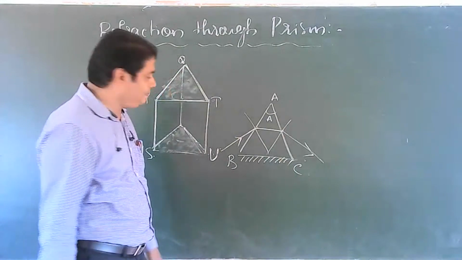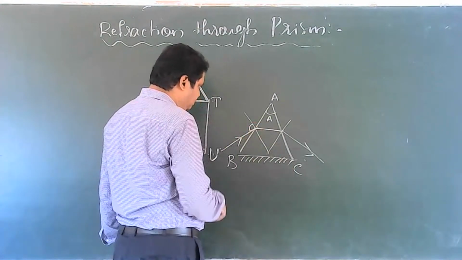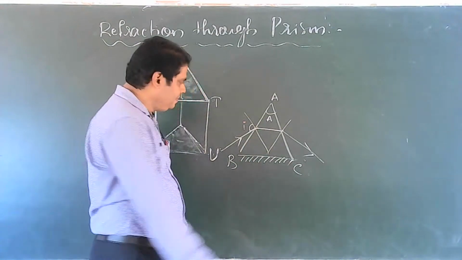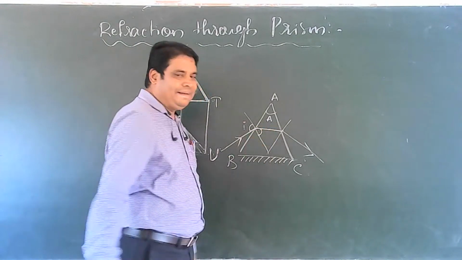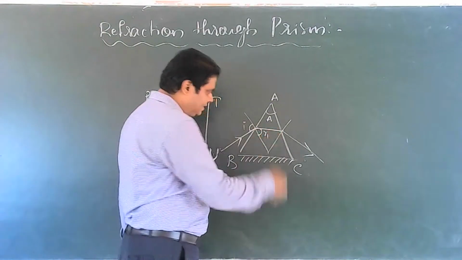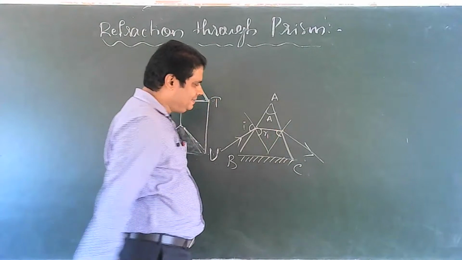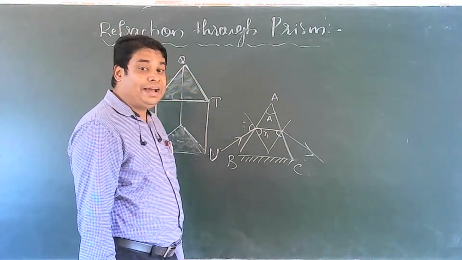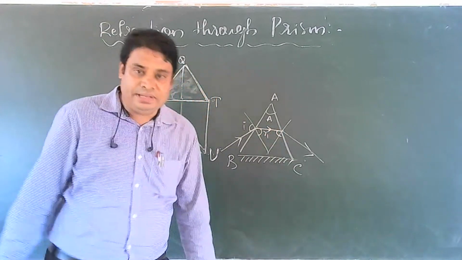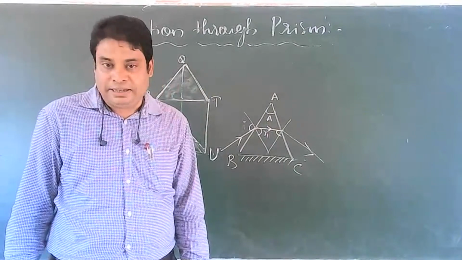And how do we represent the angles? With respect to this angle, this is angle i, correct? This is the angle of refraction, expressed as r1. This is the angle of incidence. Let me show the angle of incidence on the second surface.